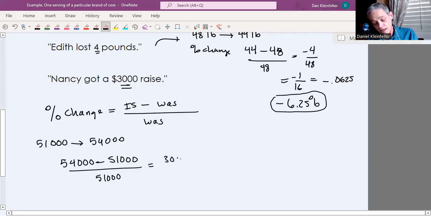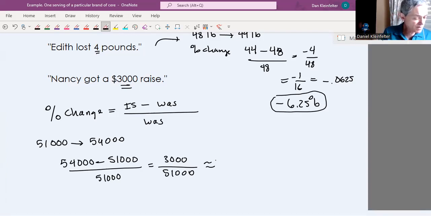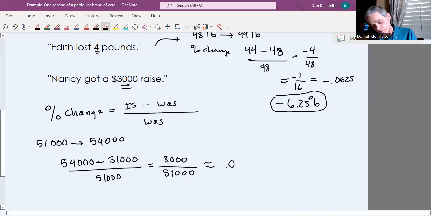So that was the $3,000 increase expressed as a percentage of the original amount. And then we can get a decimal for that, and that is about 0.058. Let's call that 0.059 as a decimal. I've rounded there, okay? That would be 5.9%.